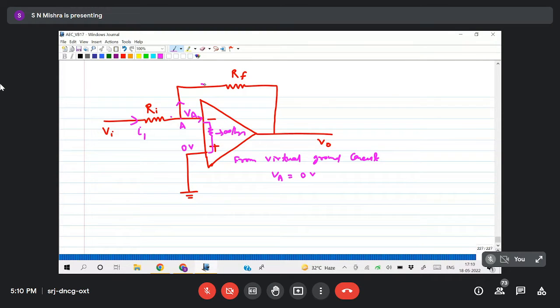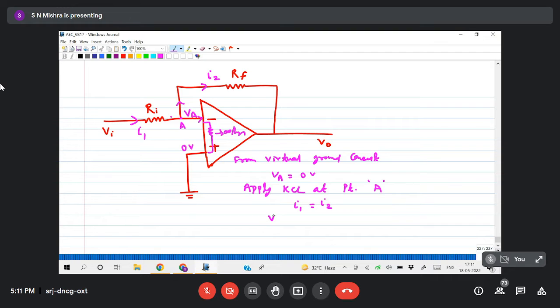Let us take that current as I2. Applying KCL at point A, we get I1 equals I2, entering current equals outgoing current. I find I1 from the potential difference between the two points and the resistance.